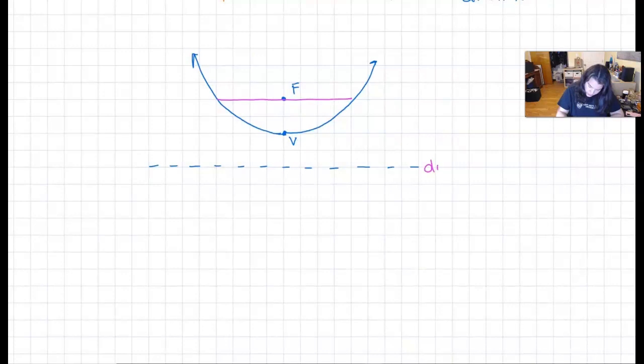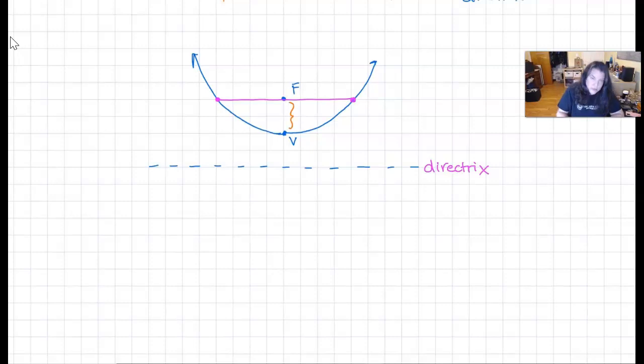So here's the directrix, I'll put that down here. The endpoints lie on the parabola, and it goes through the focus. So that's all it is. So all you have to do is draw a line through the focus, parallel to the directrix.